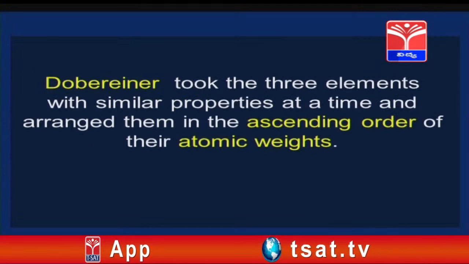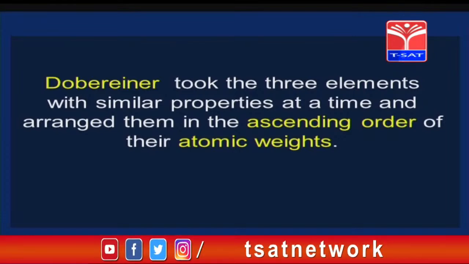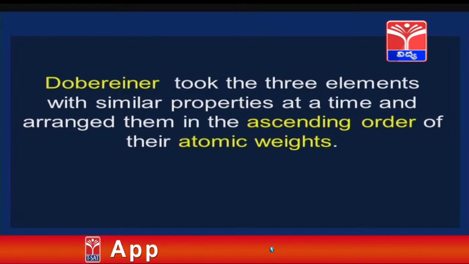Dobereiner took the 3 elements with similar properties at a time and arranged them in ascending order of their atomic weights. That means, from the element of lower atomic weight to higher atomic weight.